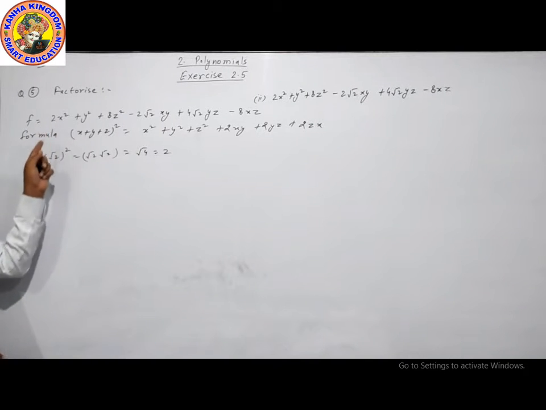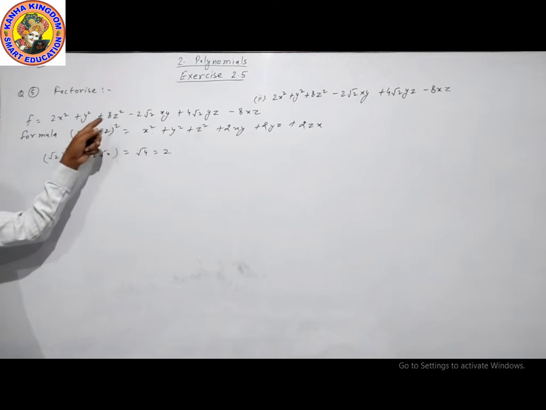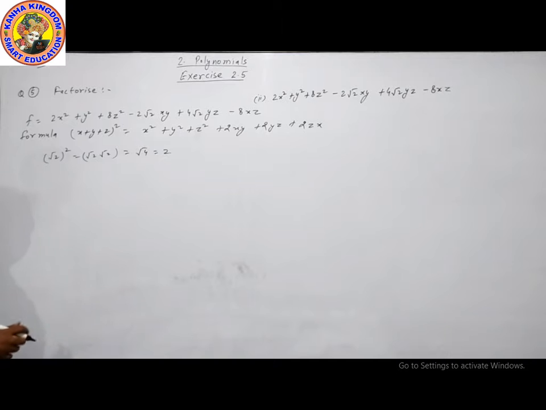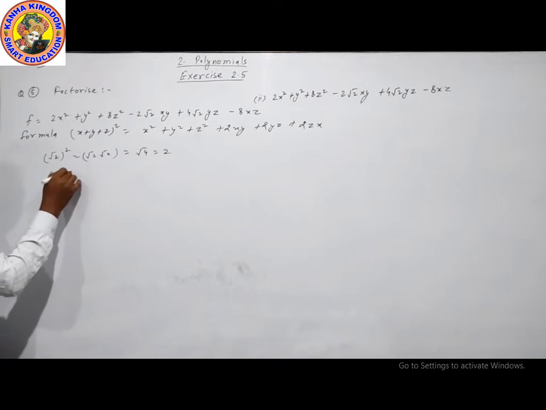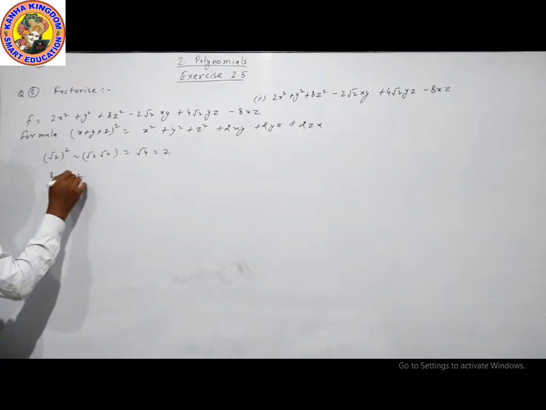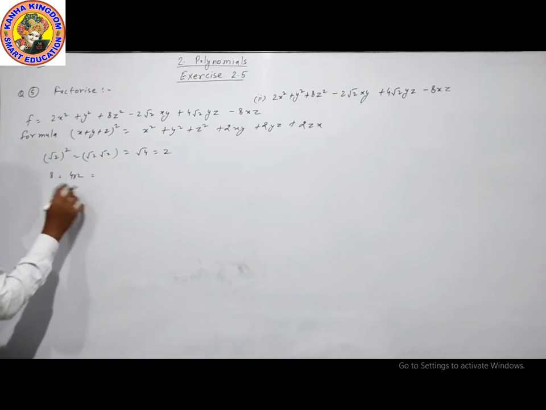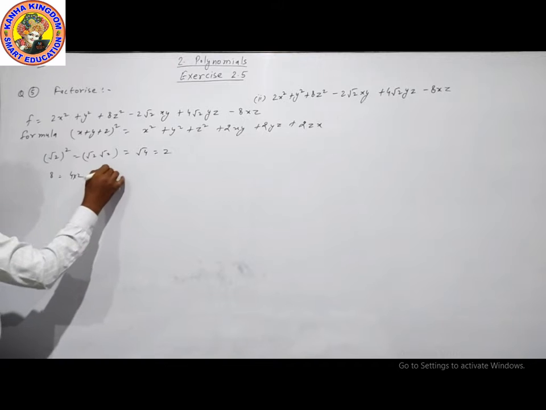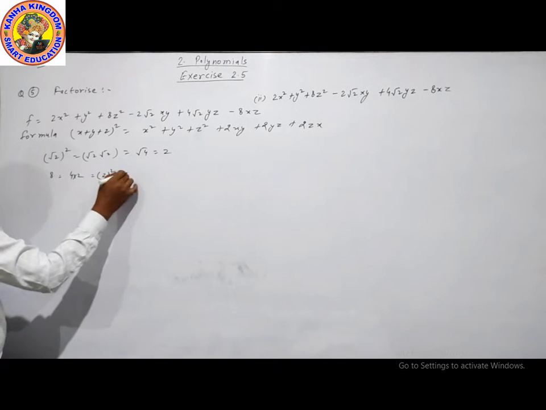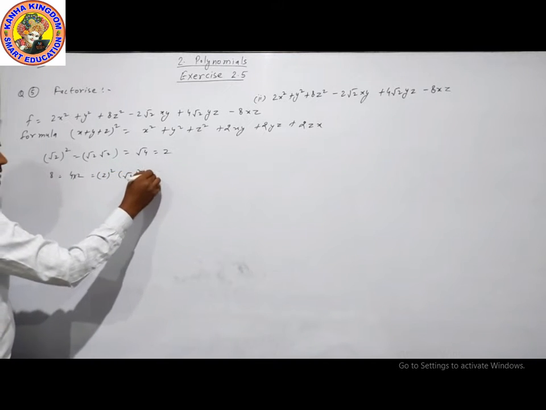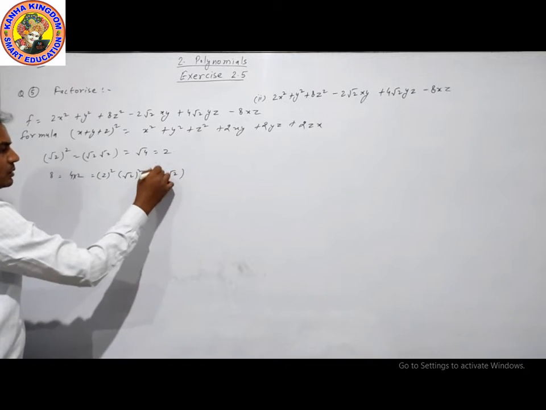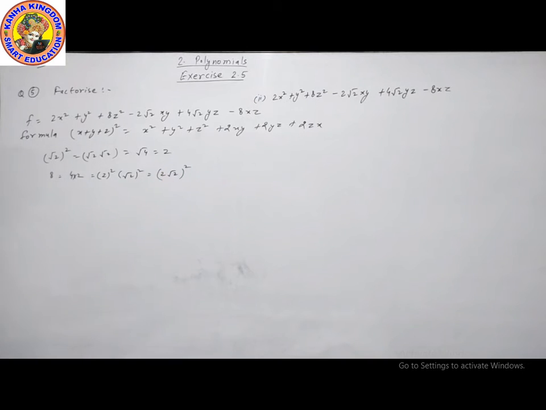The 2 is written as root 2 square, then y square, okay, then 8. Whose square is 8? 8 can be written as 4 into 2. The square term of 4 is 2 square, the squaring term of 2 is root 2 square, so we can write it as 2 root 2 square. 8 is 2 root 2 square.